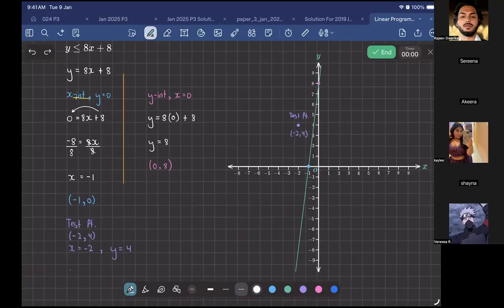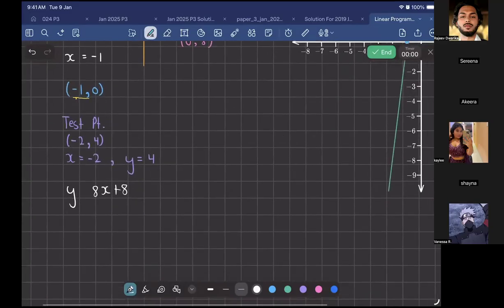Let me just write it down first. We know that y is equal to 8x plus 8, and I'm going to remove the sign in the middle. So what should I write next? It will be y, and it will be 8, open bracket, minus 2. But wait, what exactly is y? Oh, exactly, sorry, y is 4.